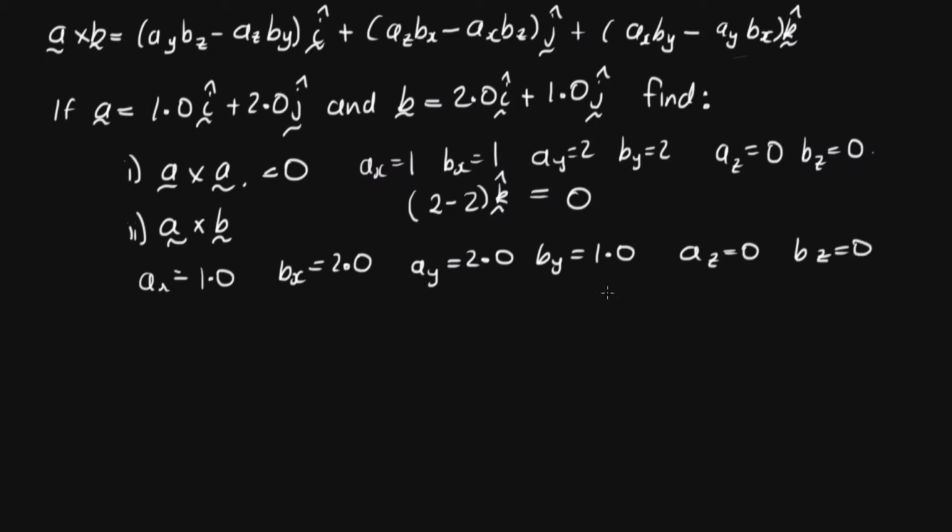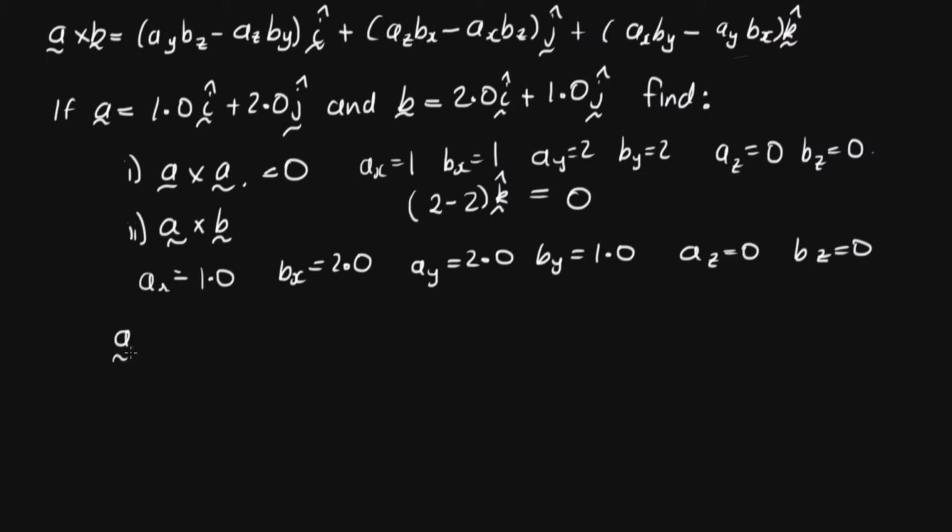So this is nice because we've only got 2 dimensions. So everything, once again, with a bz or an az, which is everything in these I and j vectors here, is equal to 0. So all we need to worry about is this final term here.